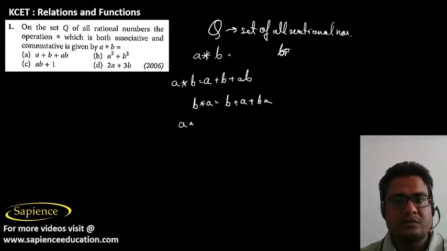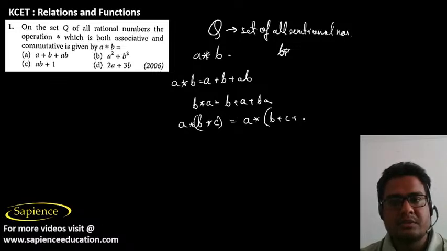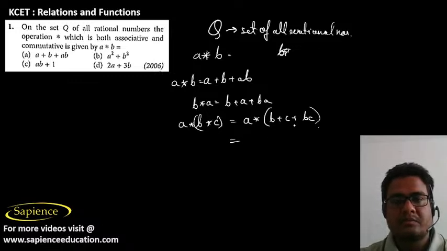For associative, we should have A star (B star C) equal to (A star B) star C. A star (B star C) is A plus B plus C plus BC plus A into (B plus C plus BC).